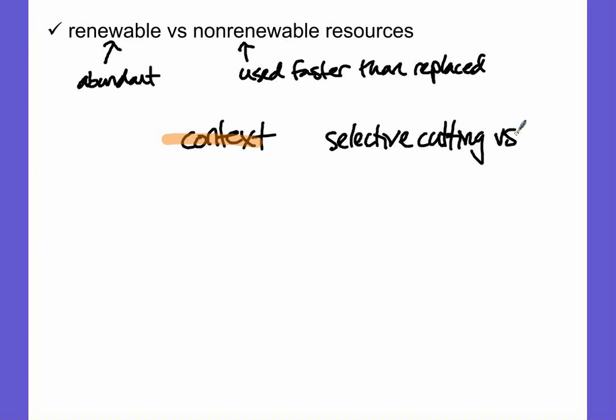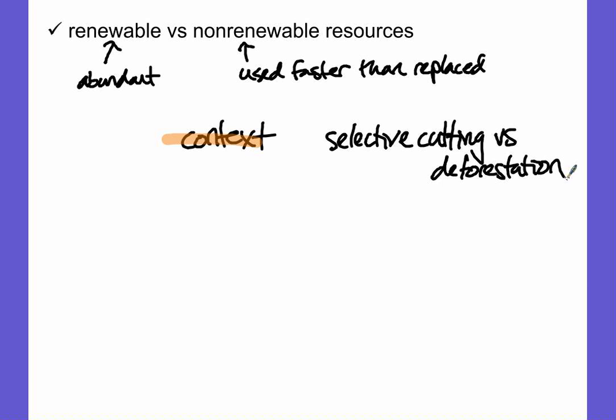versus deforestation, where you just flat clear cut everything in the vicinity and just completely destroy a habitat. Obviously, one version is a lot more responsible than the other.